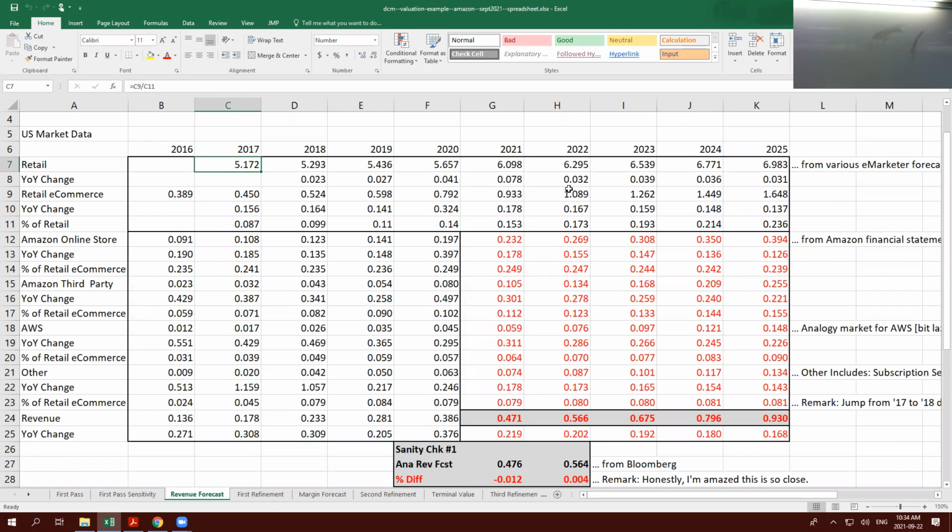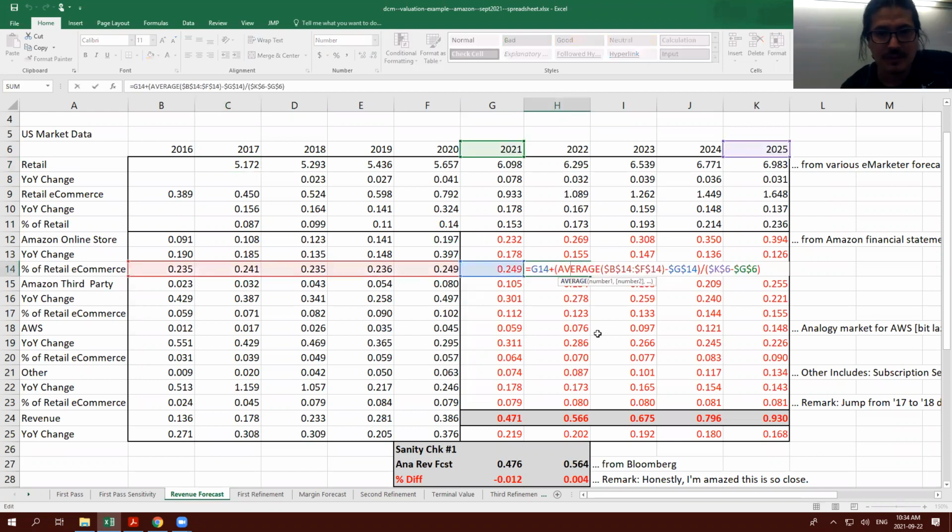And then I calculate an average of this number over these 5 years. And I say, that's the number that it will mean revert to by the end of my forecast period. So by the end of my forecast period, 23.9% is exactly the average here. And look, I've got a formula here, right?